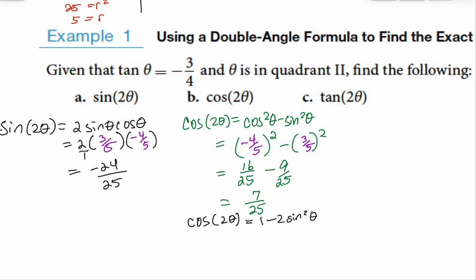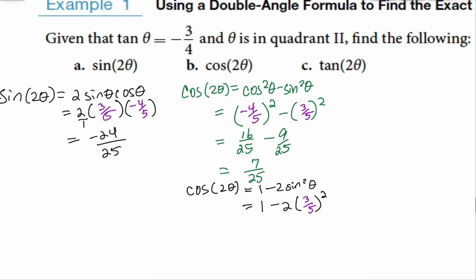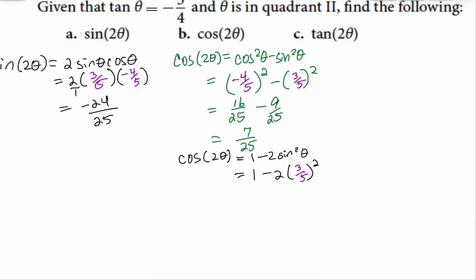Okay. So if we decided to use that formula, that's going to be 1 minus 2 times our sine value squared. Our sine value was 3/5. So let's do the math. First, let's square that fraction. To square a fraction, square the top and the bottom.